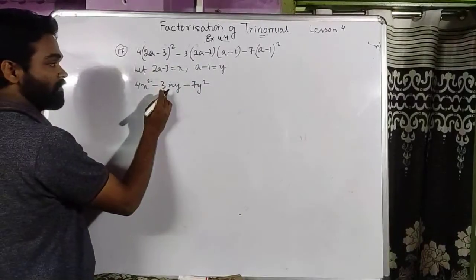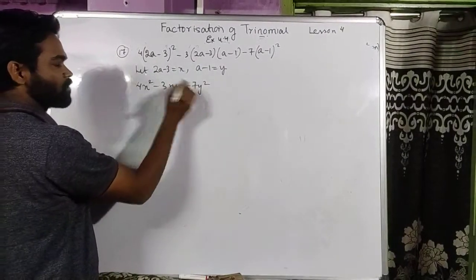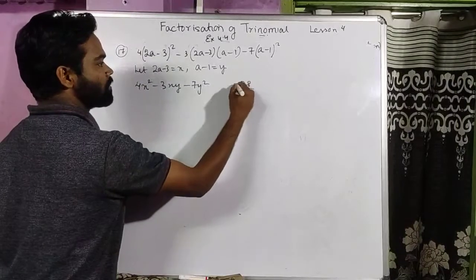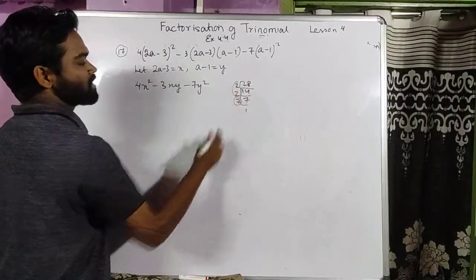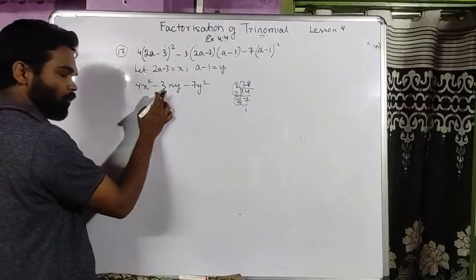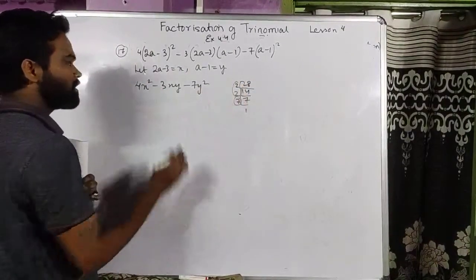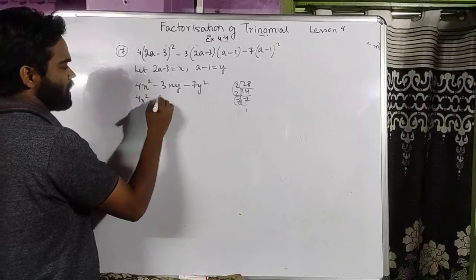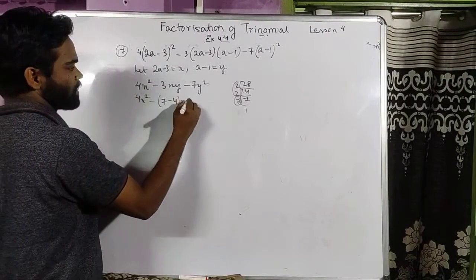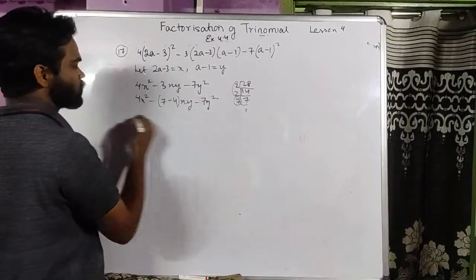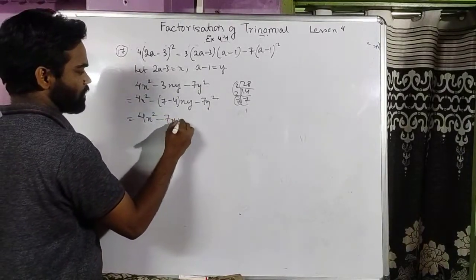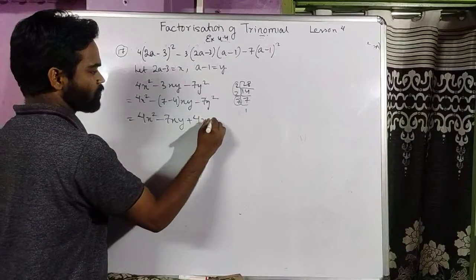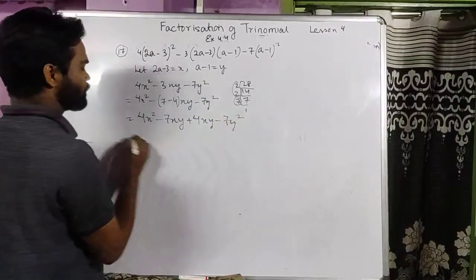Now we know this will be the difference of two numbers. 7 fours are 28. So we'll find the factors. So 7 and 4. 7 minus 4 is 3 and 7 fours are 28. So we can write this as 4x square minus 7xy plus 4xy minus 7y square.